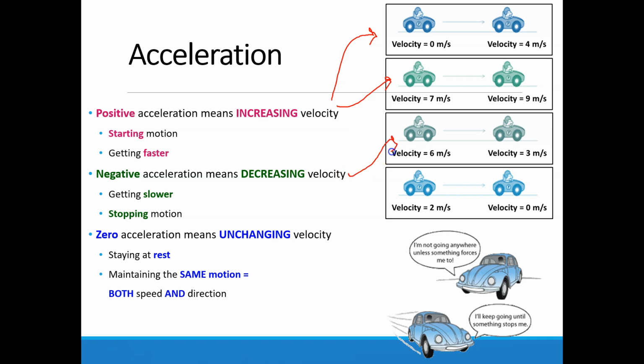So if you're either getting slower or if you come to a stop, that is negative acceleration. And then zero acceleration means your velocity stays the same. So either you're at rest and you stay at rest in this example, or you are in motion and you stay in motion with the same speed and direction.